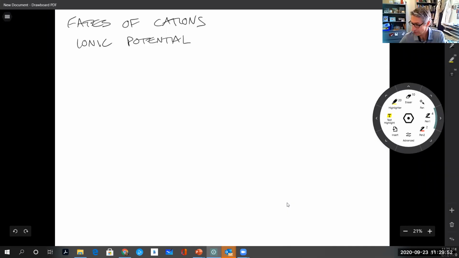Ionic potential is simply a measure of the charge of our ion divided by its ionic radius. The ionic radius is going to be in units of angstroms, which is 10 to the minus 10 meters.